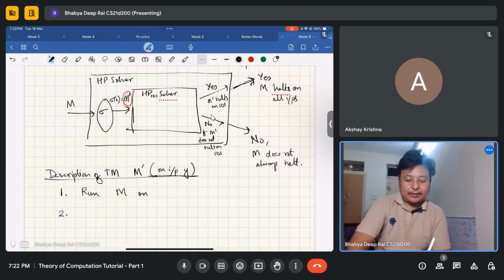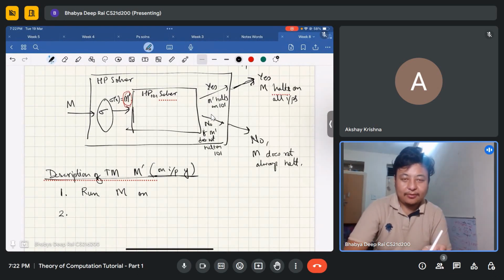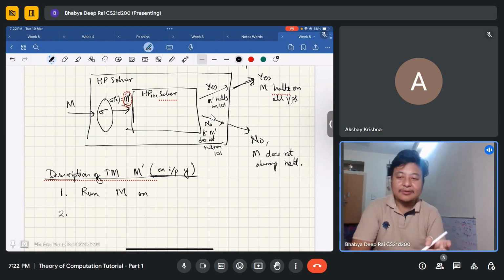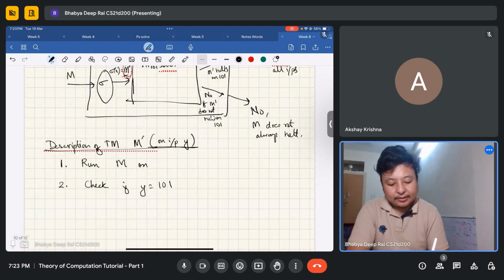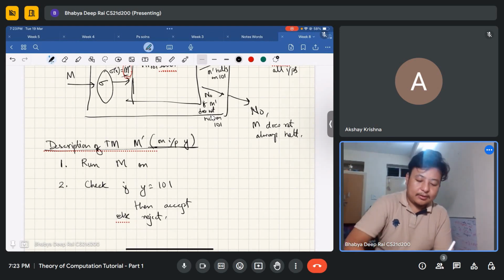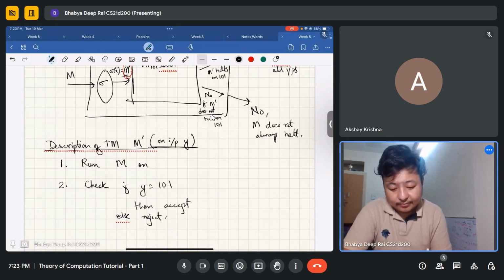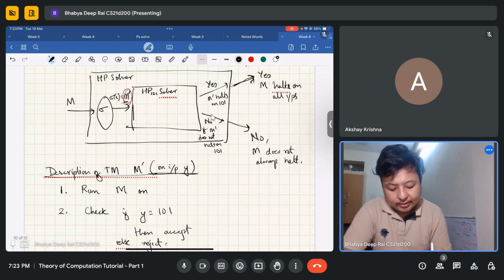If M halts, then M prime should check if y equals 101; if so, accept, else reject.